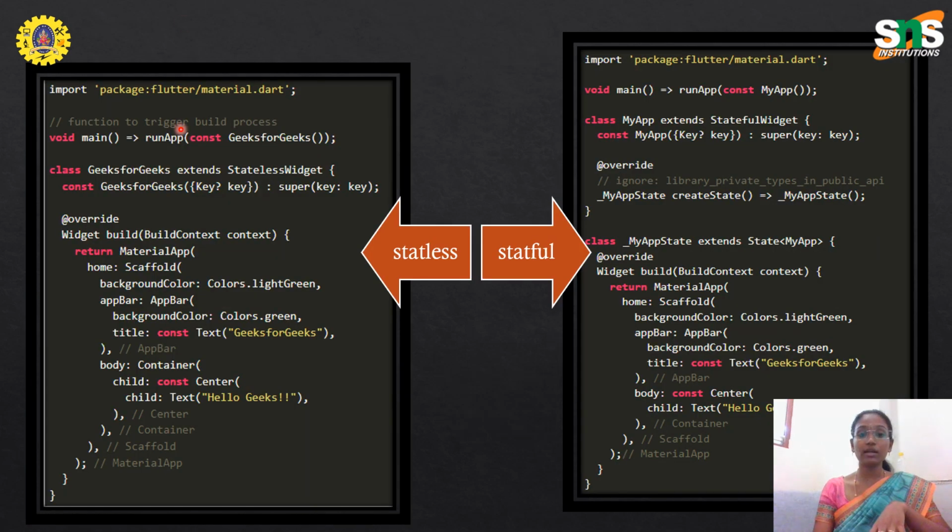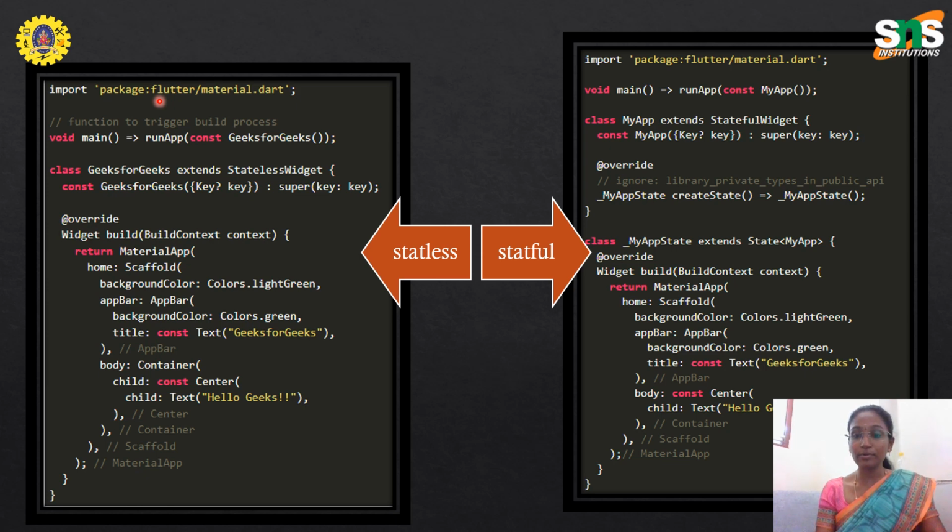Here I'm giving sample programs for stateful and stateless widgets. We have the material import here. I will show you that this is the package, and it works automatically in Flutter applications if you install it through MaterialApp. In the last series I discussed how to download Flutter and Dart.